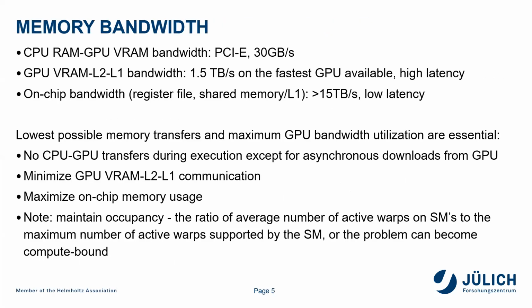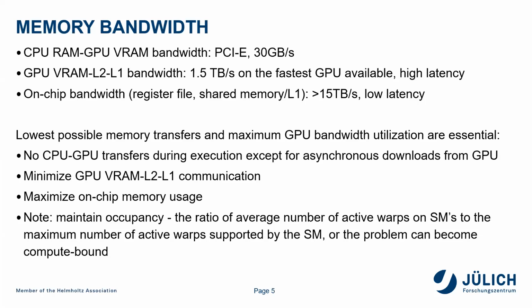So there are multiple bandwidths inside the computer, and each of them has a different speed. If you want to transfer data from the CPU to GPU, if the GPU has a dedicated video memory, it will transfer through the PCIe bus, which on PCIe 4 is something close to 64 gigabytes per second, which is really small compared to the speeds the GPU can get between the VRAM and its L2 and L1 caches, so basically the chip memory.